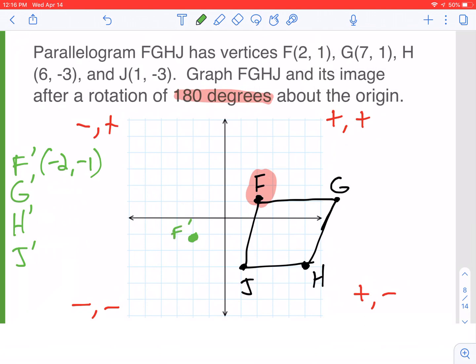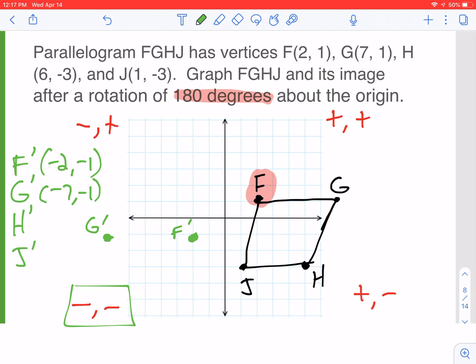That's F prime. Let's look at G. G is also positive, so that's going to end up in this quadrant over here. That's G prime, and that's negative 7, negative 1, because they both have to be negative to be in that quadrant.